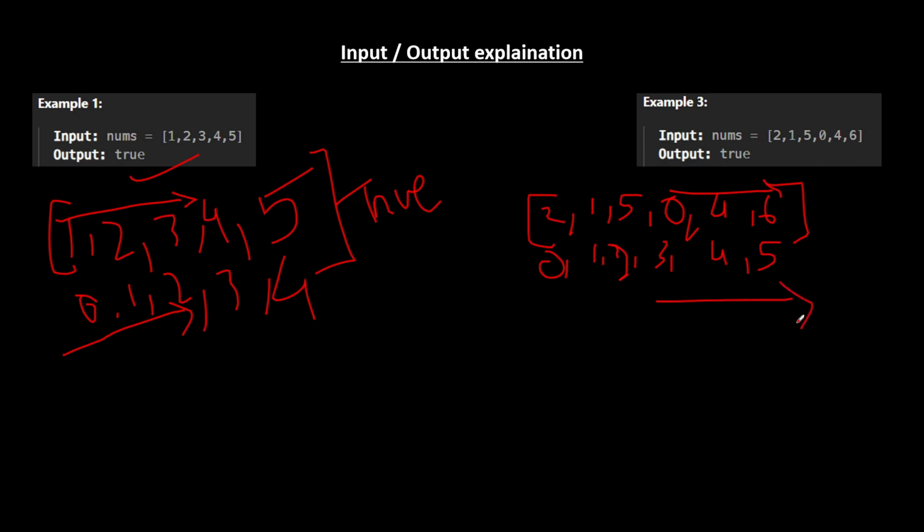And what else could be said? 1, 4, 6 could also be an answer, with indexes 1, 4, and 5. 2, 4, 6 could also be an answer, having indexes 0, 4, and 5. So that's why the output is true here.